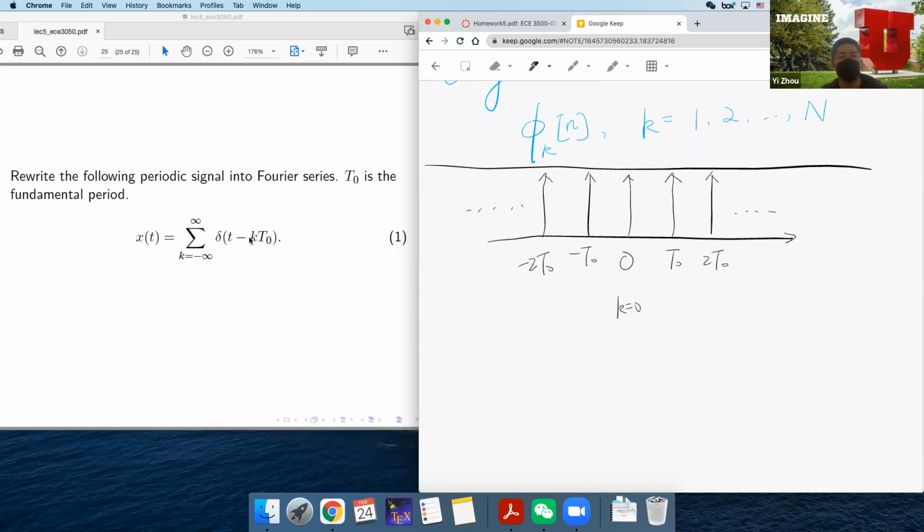If you let k equal 1, we have delta(t minus T0). So this is 1, this is 2. And we are summing up infinitely many of these impulses. So they are located with a constant distance to each other. So let me write this down on the screen.